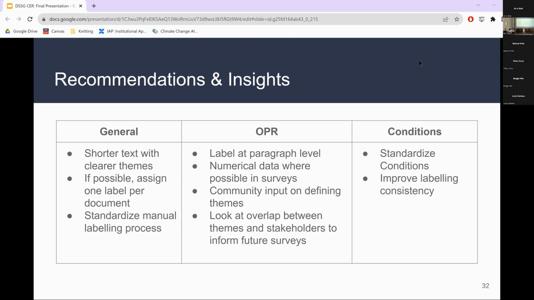Having some kind of standard about how to approach specific issues from the CER's point of view would help them have less variation in those entries going forward. And as we mentioned before, there is a lot of labeling inconsistency as well, because sometimes the same condition would be entered more than once and labeled with a different theme.